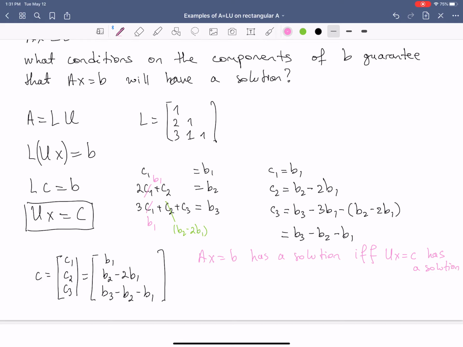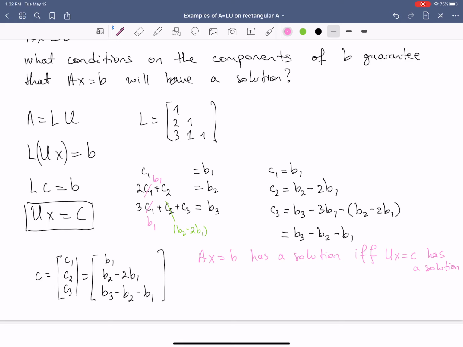The if and only if condition says that I can go in both directions. If AX equals B has a solution, then UX equals C has a solution, and vice versa. If UX equals C has a solution, then AX equals B has a solution.